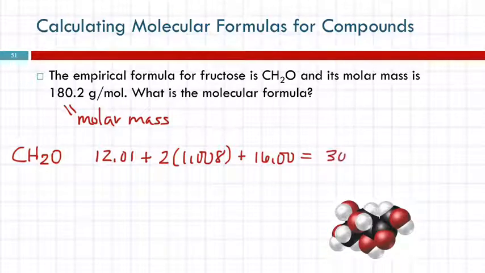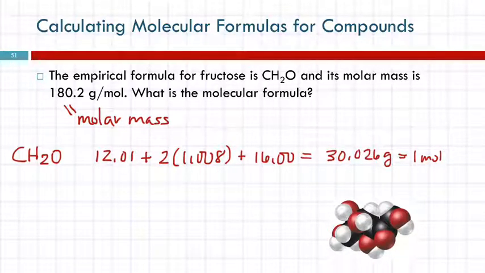So 30.026 grams equals 1 mole, or you can write grams per mole. So if CH2O was the molecular formula, the molar mass would be 30.